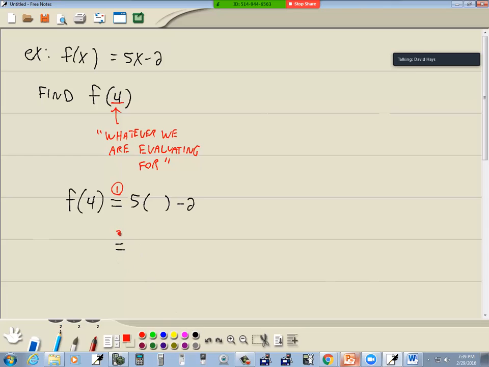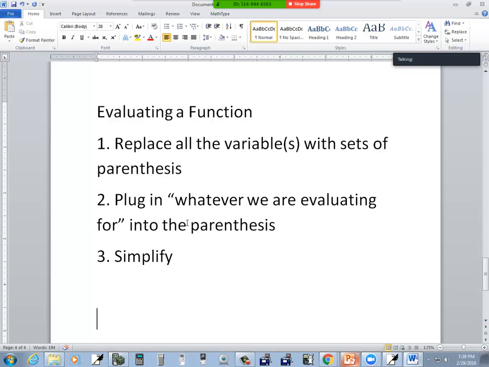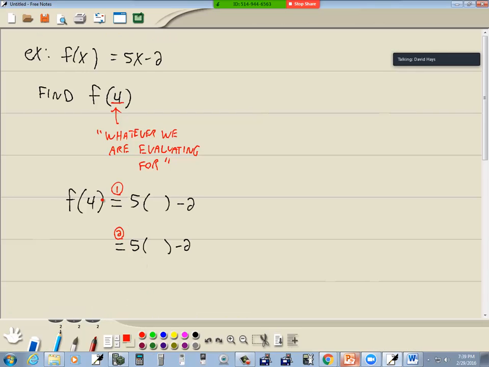Then in step 2, and sometimes people do step 1 and step 2 on the same line. They don't write it again. Step 2 says plug in whatever we're evaluating for into the parentheses. Whatever is inside the parentheses right here is automatically what you're going to put in right here. So I'll put a 4 in there.